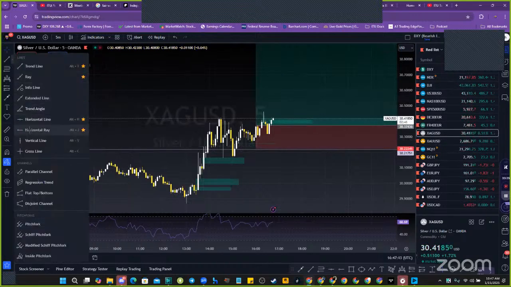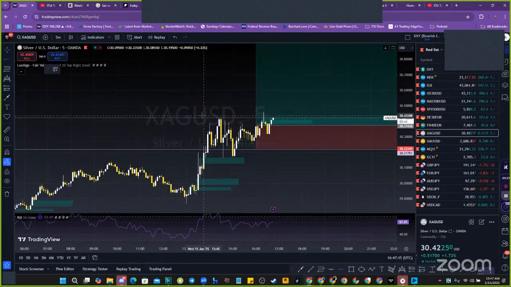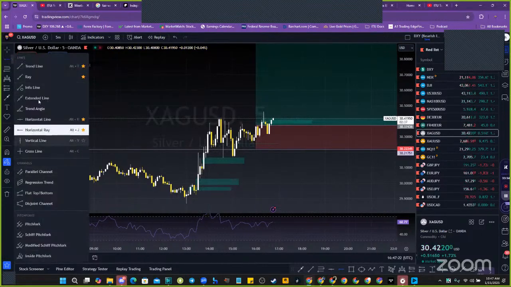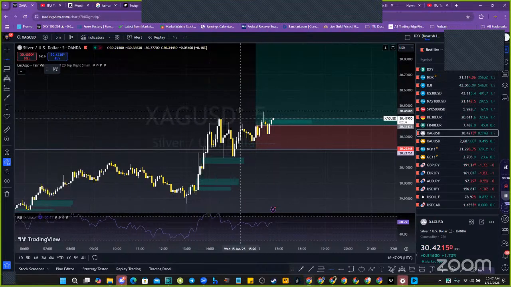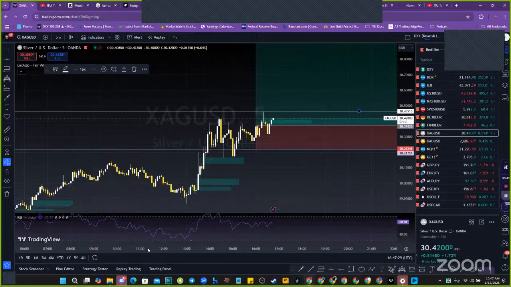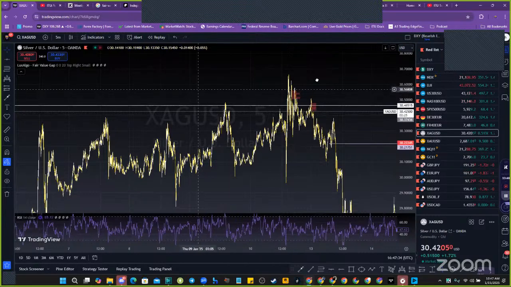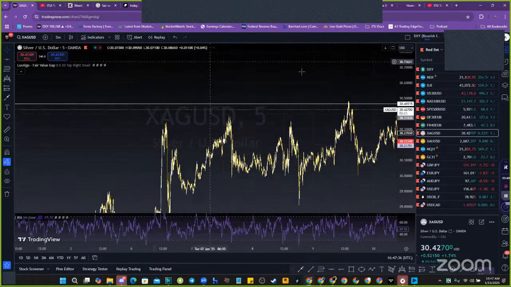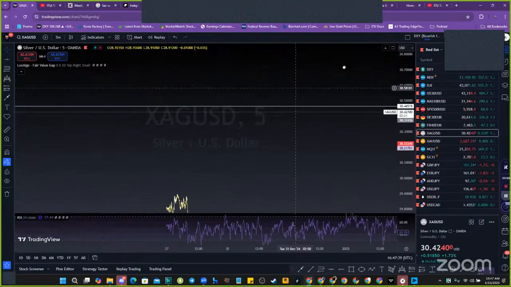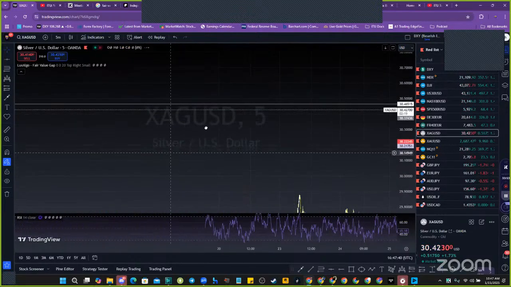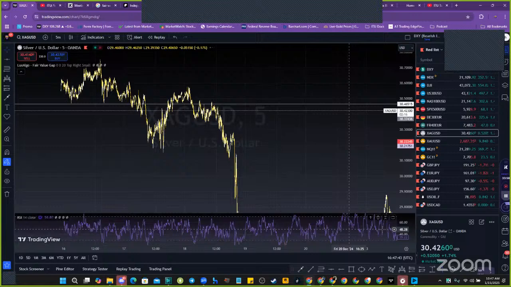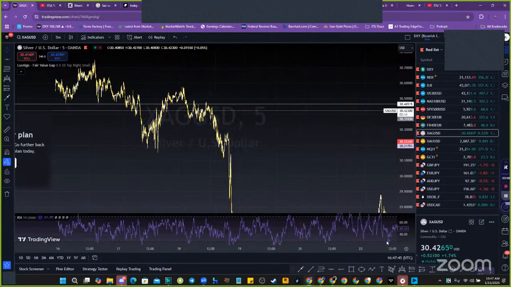And let me do, I wonder if where this rejected is a strong resistance point. Okay, yeah, obviously it's a pretty strong resistance point.